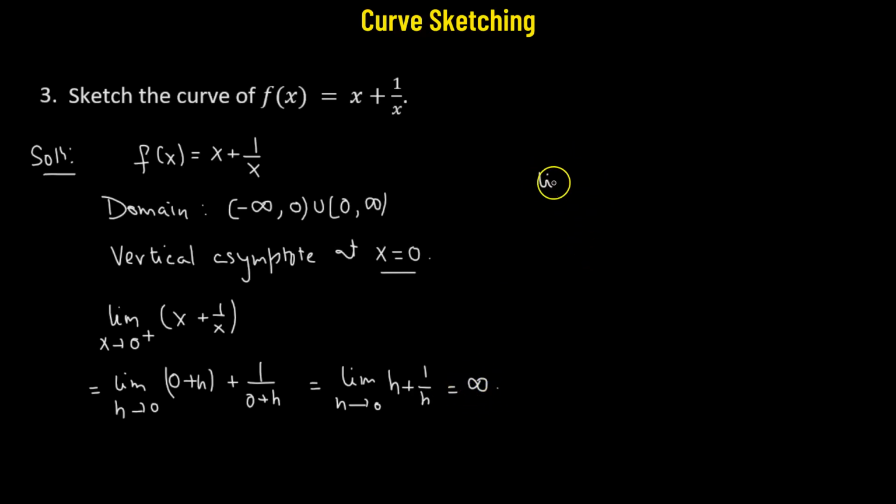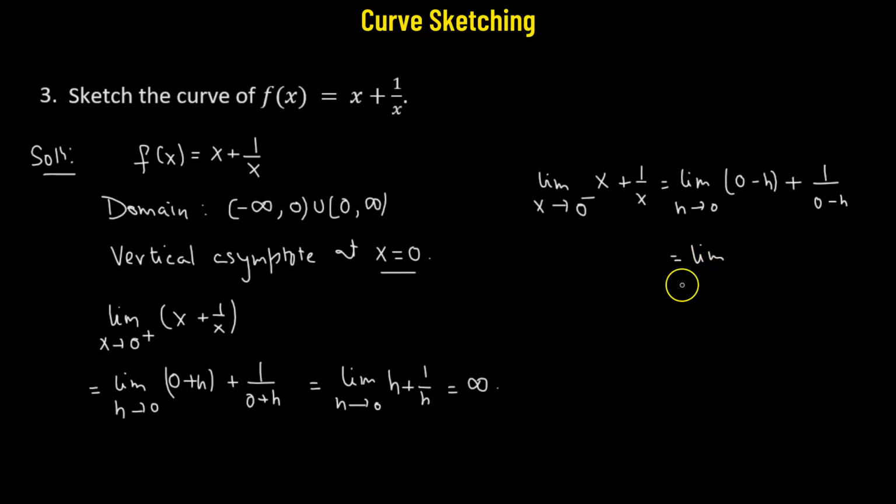And when we consider the limit of x approaching 0 from the left hand side, then we have x plus 1 over x. This will be equal to the limit as h approaches 0, where in place of x we have 0 minus h plus 1 over 0 minus h.